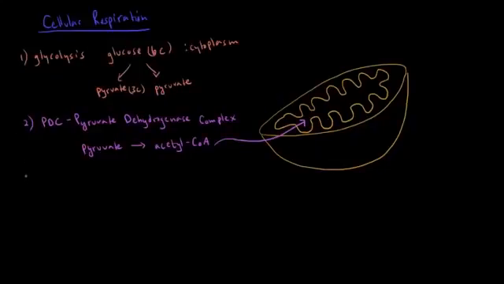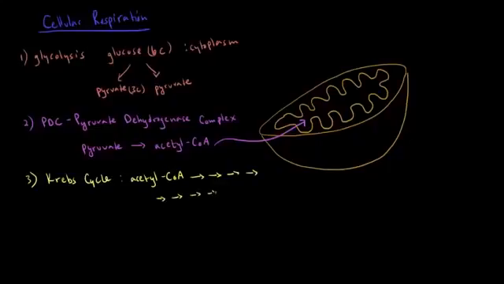The next step of cellular respiration is the Krebs cycle. In the Krebs cycle, acetyl-CoA is going to undergo a series of reactions, which I'm not going to go into the details of right now. This also happens in the matrix of the mitochondria.